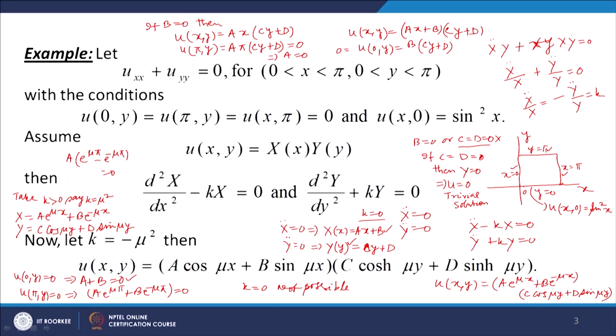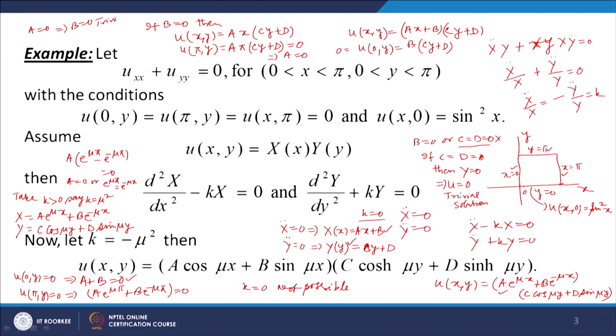Okay. So A equal to 0 gives, you put here, you get B equal to 0, and then we get the trivial solution. Okay.